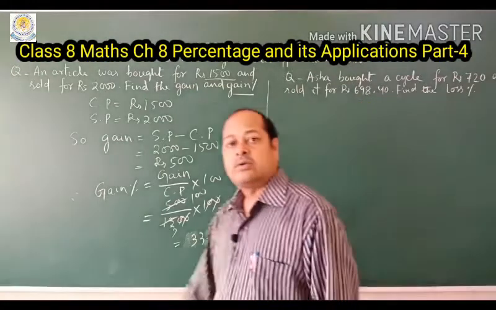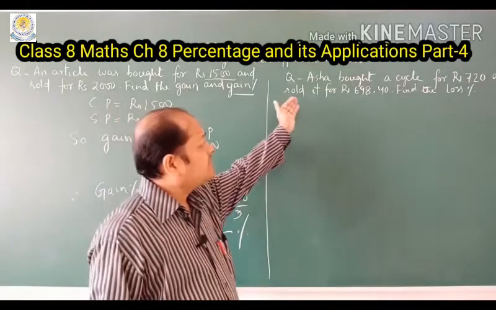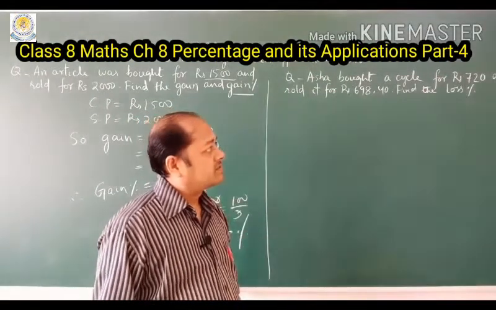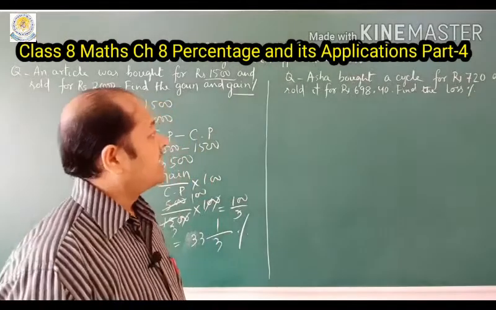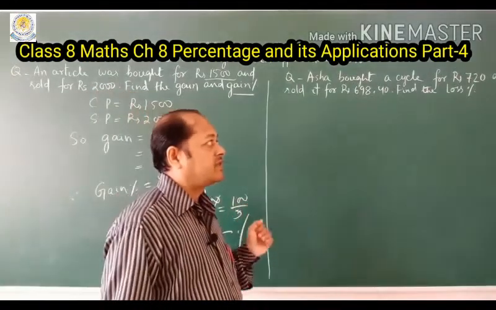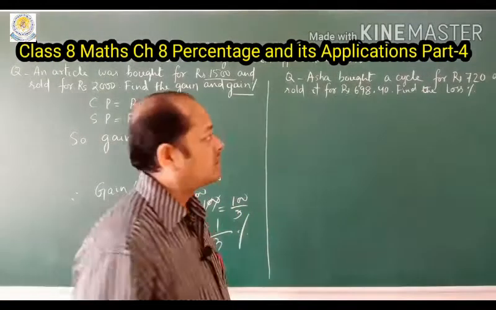Now look at the next word problem. The question is, Asha bought a cycle for 720 rupees and sold it for 698 rupees 40 paisa. Find the loss percentage. So here what is the cost price?